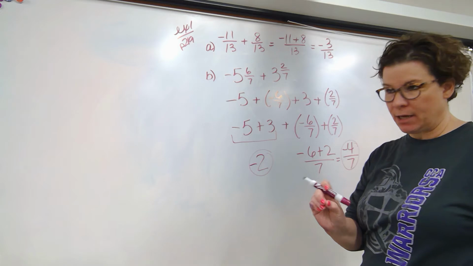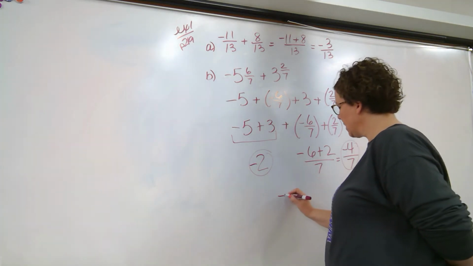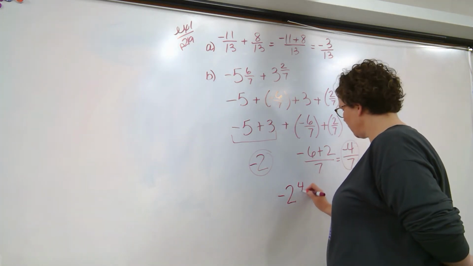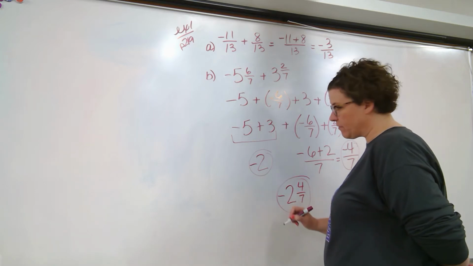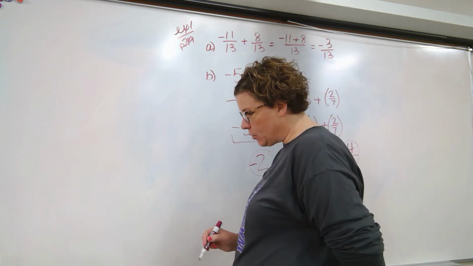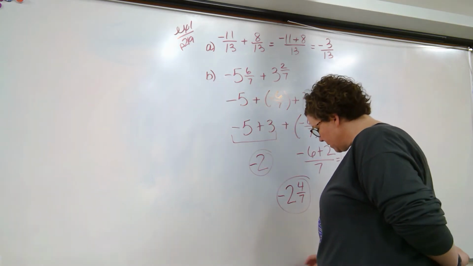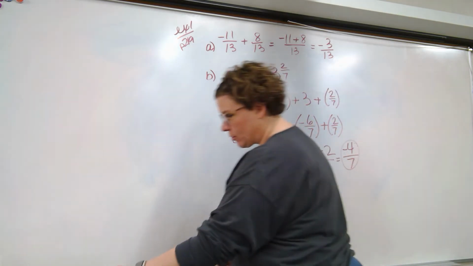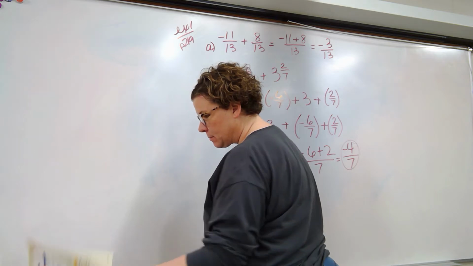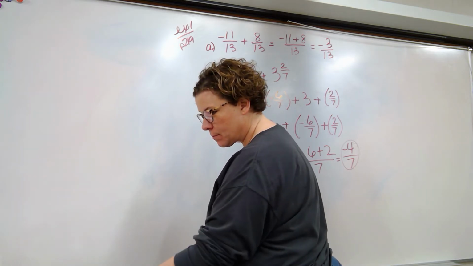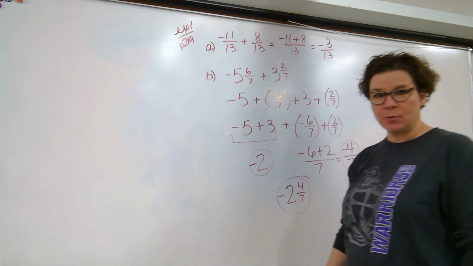I combine those together to make one mixed number, negative 2 and 4/7. Okay, you can also change these into improper fractions if that is how you would rather do it. All right, get that written down.